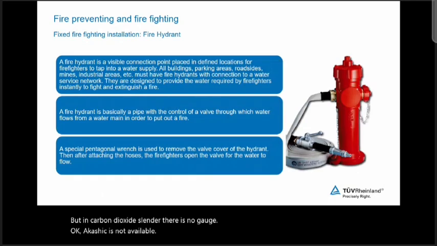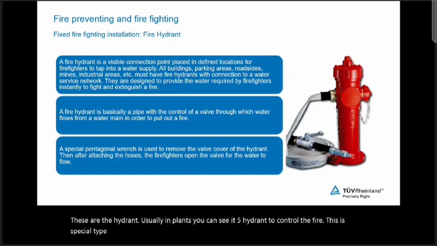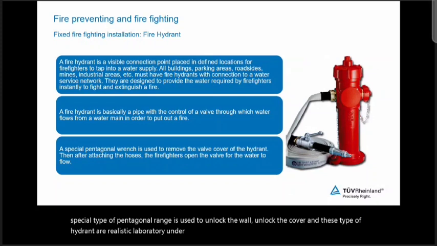These are the hydrants. Usually in plants you can see the fire hydrant to control the fire. This is a special type of pentagonal wrench used to unlock the valve and the cover. These types of hydrants are laboratory approved equipment.